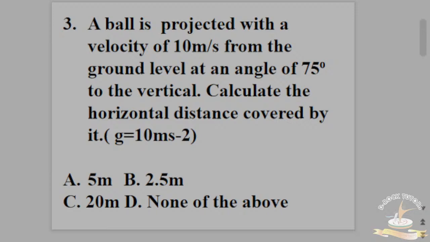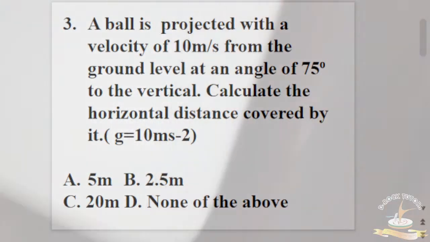So for an object to attain maximum range, such an object must be thrown or projected at an angle of 45 degrees. However, for an object to achieve maximum height, we're talking about height now, no longer range, such an object must be thrown vertically upward, which means the angle of projection should be 90 degrees. If this is the ground surface, for an object to achieve maximum height, it must be projected vertically upward like this, which means the angle to the horizontal will now be 90 degrees.